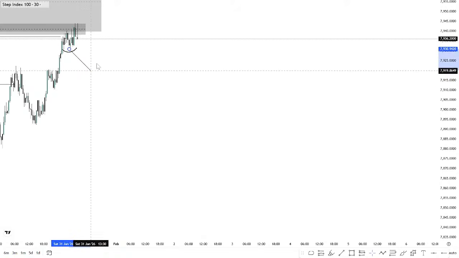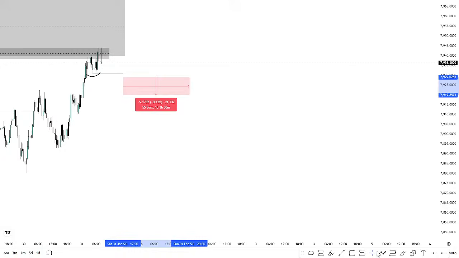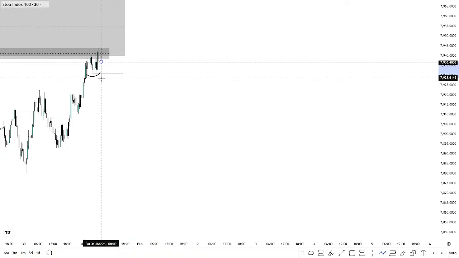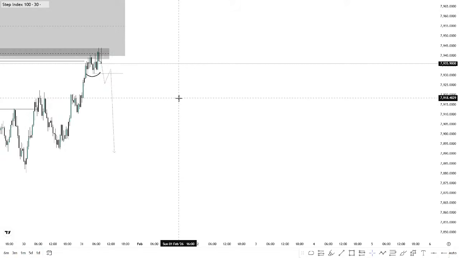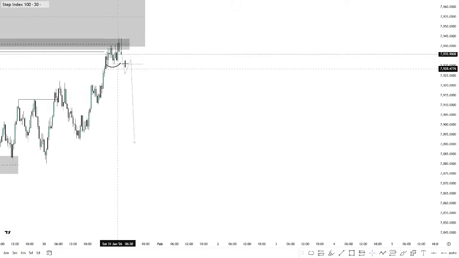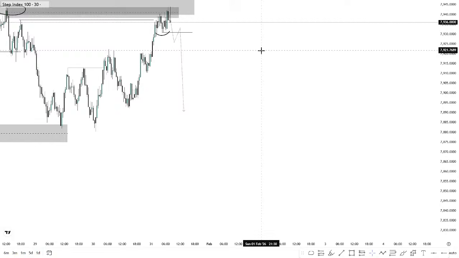Let's have it broken, and then we can get that area for continuation this way. So let's see if this current movement is going to take this low with impulse, then we can continue the sell movement. So that is my view currently on Step 100.